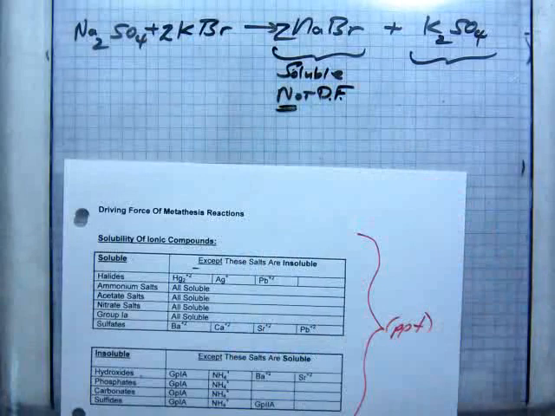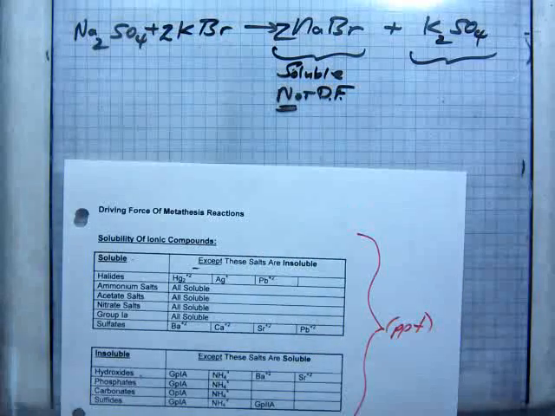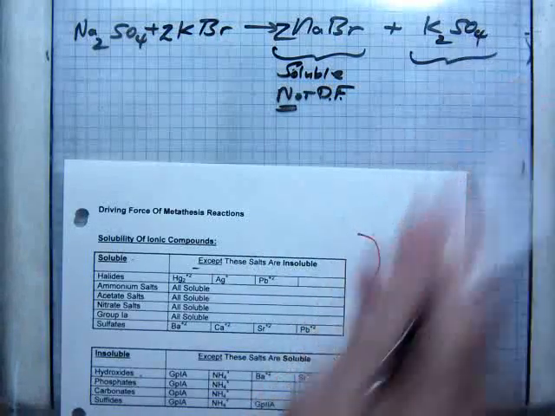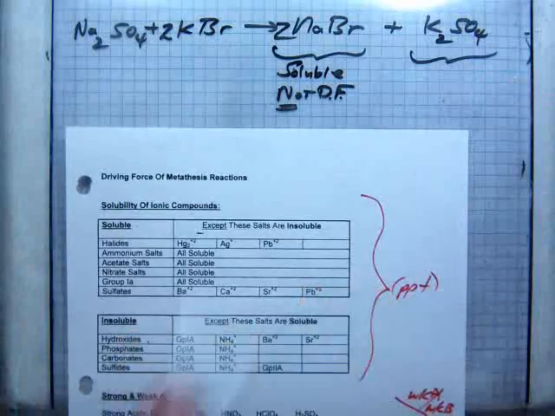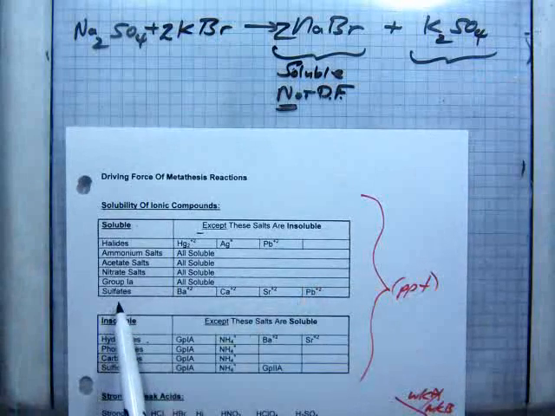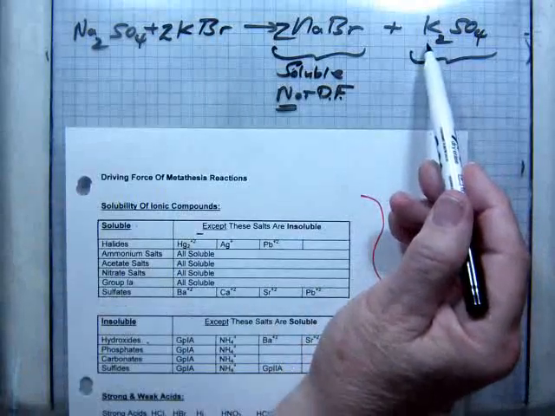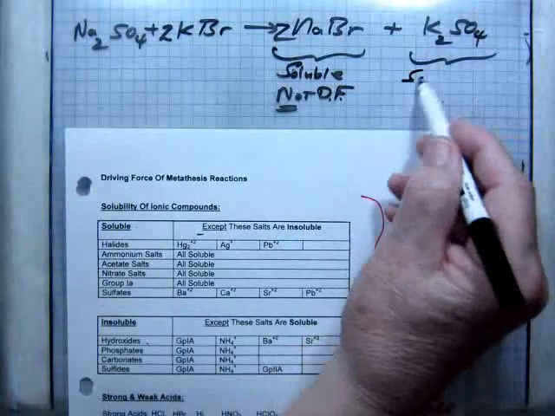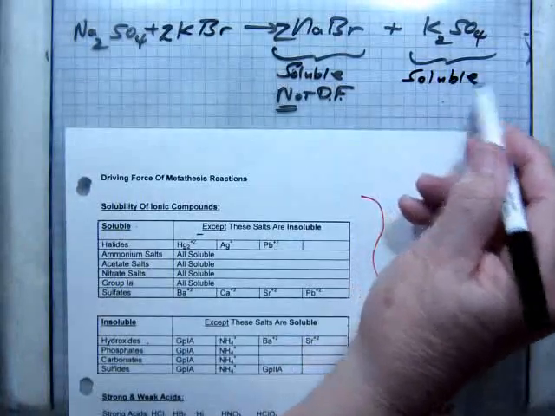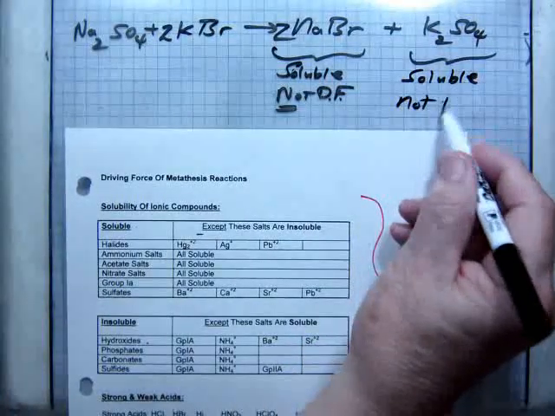Everybody good? Okay. In the potassium sulfate, we look in here, all sulfates are soluble except barium, calcium, strontium, and lead. Well, this is not barium, strontium, calcium, or lead. So it's soluble also, and not a driving force.